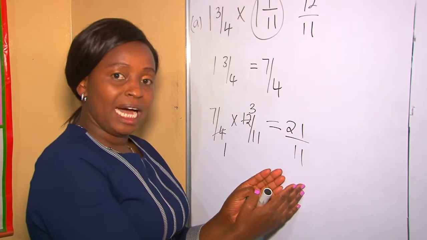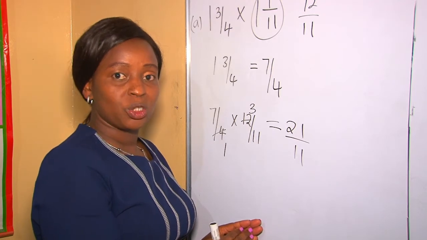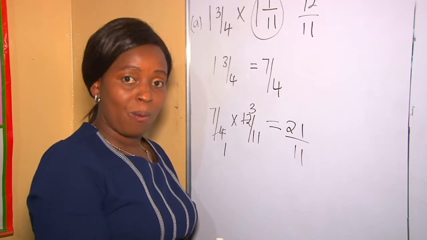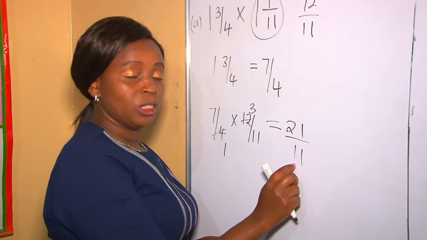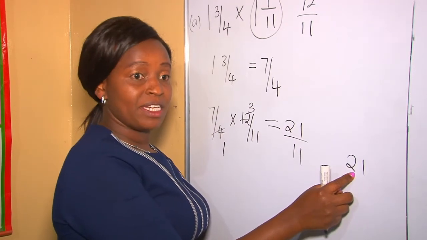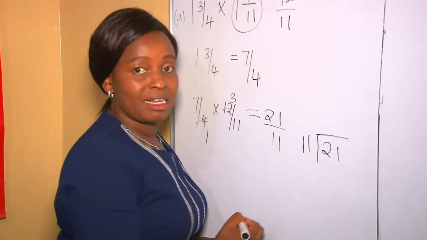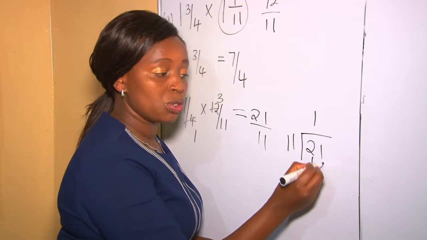Now we change it into a mixed fraction. Remember, in fractions, we are only allowed to leave our answer in simplified form. So let's simplify this. It's the numerator divided by the denominator. Our numerator is the dividend, divided by our divisor, which is 11. 21 divided by 11 goes 1 time because of 11.